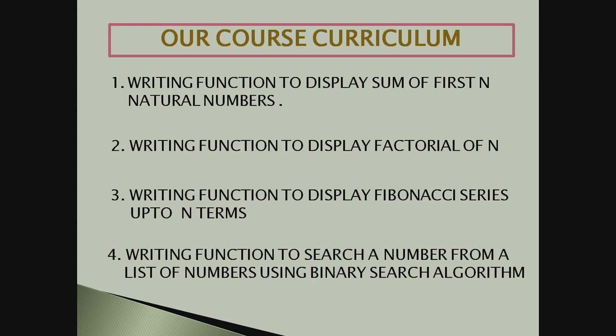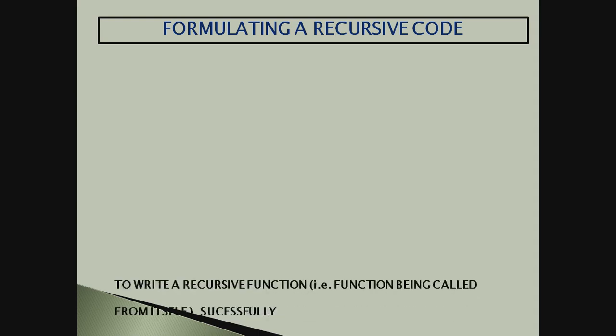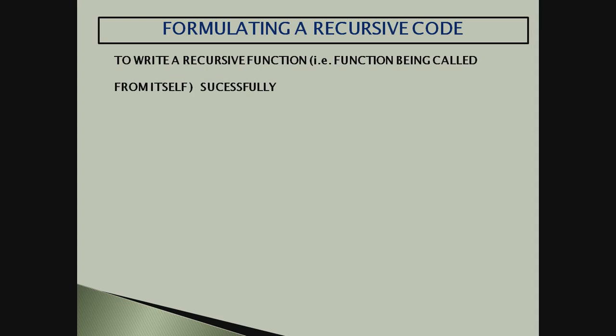recapitulate a few things. Do you remember how we formulated a recursive code? What was the plan we took to formulate a recursive code? How do we actually think as a programmer while we are trying to make a recursive function? You would remember that for writing a recursive function successfully, we need two conditions.